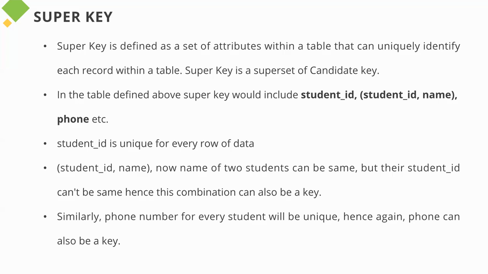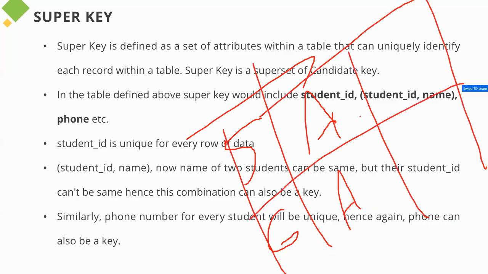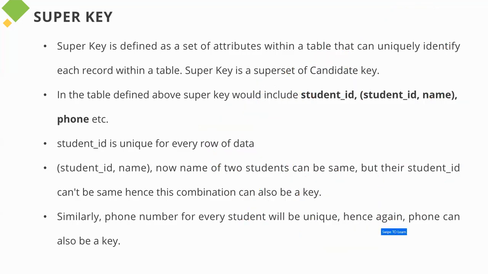Student ID is always unique, so a primary key combined with another attribute can also be a key. Even with the same name, the serial number would always be different, right? The combination of 5 comma A is different from the combination of 6 comma A, though these two have the same name. So a combination of a primary key with another attribute can also be a key.